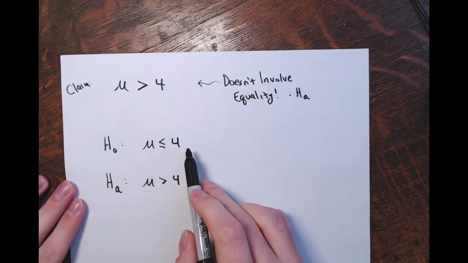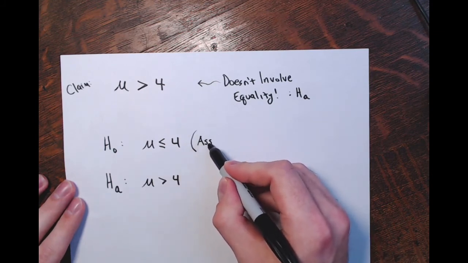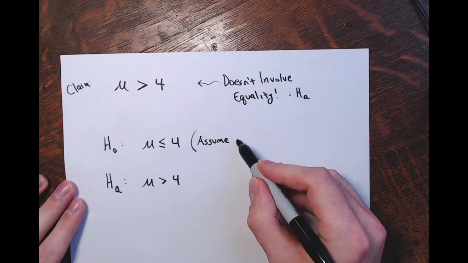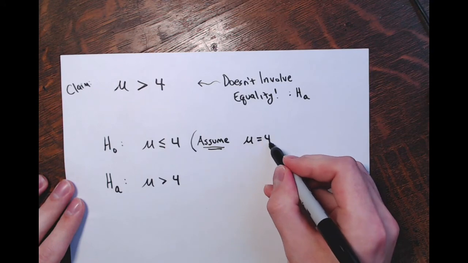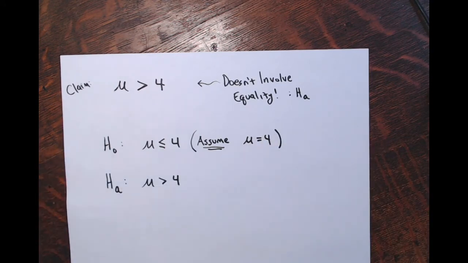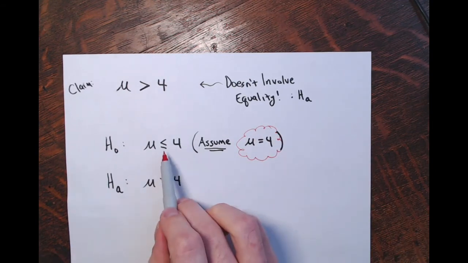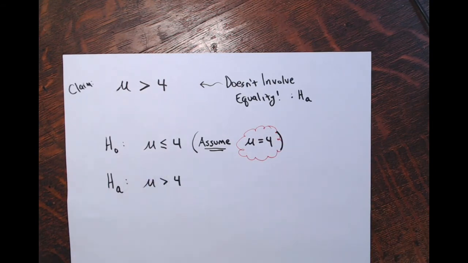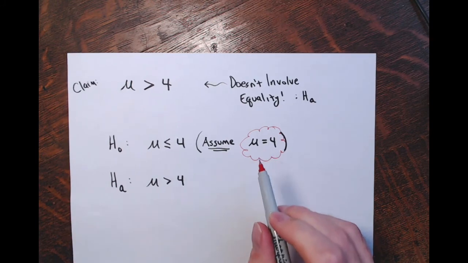This is a perfectly valid way of writing the null hypothesis, but what's going to be assumed when we perform the test is that mu equals 4. This is what they're using instead of less than or equal to. Just know that less than or equal to and greater than or equal to are perfectly valid symbols to have in your null hypothesis. It's just that in this Newton Alta, they're using just the equals.